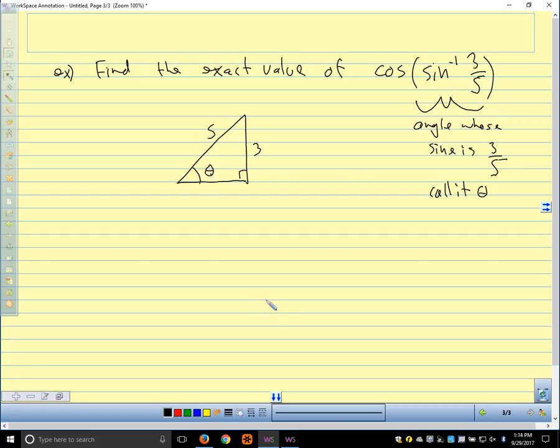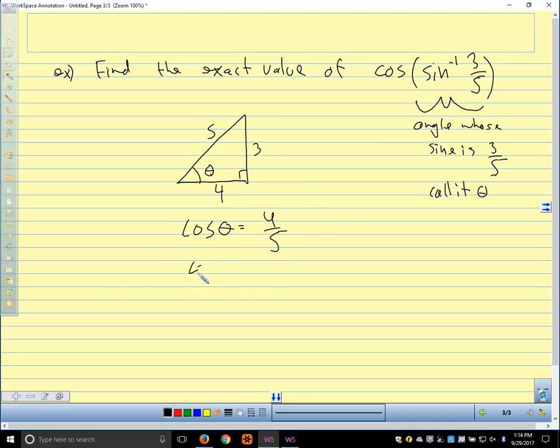Well, what can we do here? We can use the Pythagorean theorem. How long is this side? 4. This is asking for the cosine of that angle, which is 4/5.